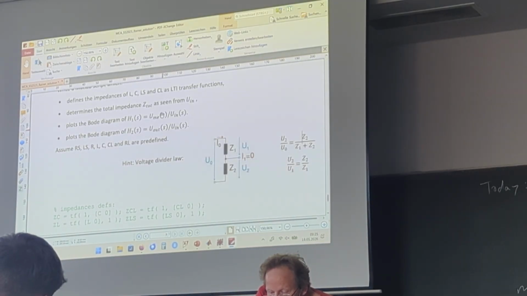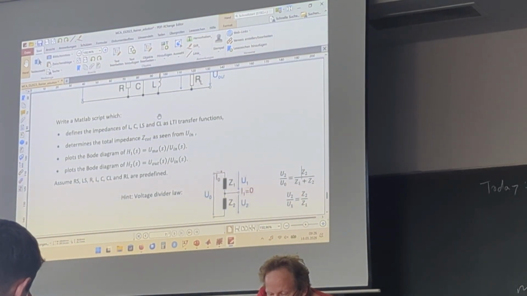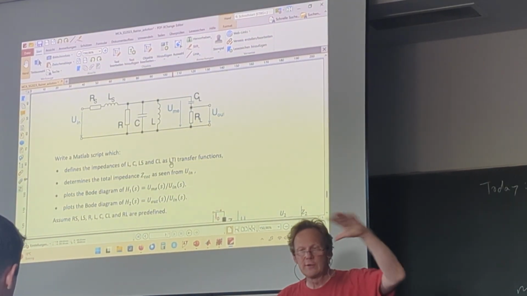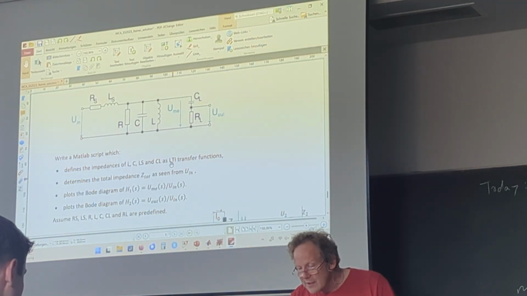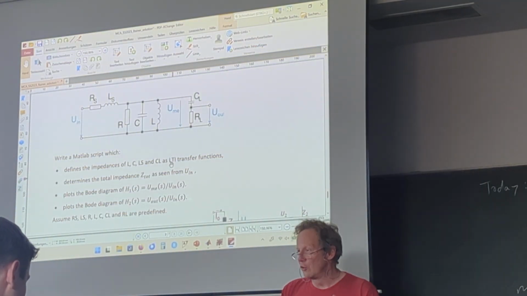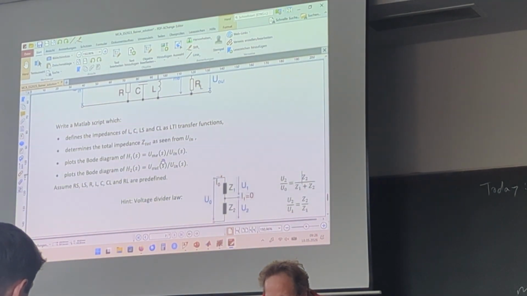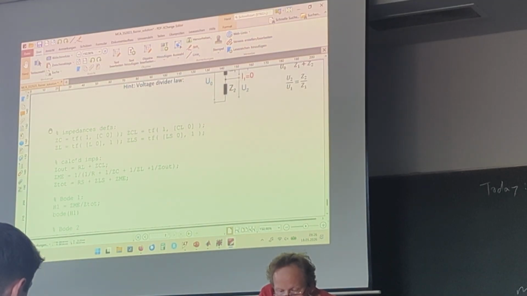So first it's defined here, and for this transfer function you need to know the voltage divider law. So for serial elements, the ratio of impedances is the same as the ratio of voltages. Okay, so then here we have to calculate the ratio of impedances. And that could look something like this.